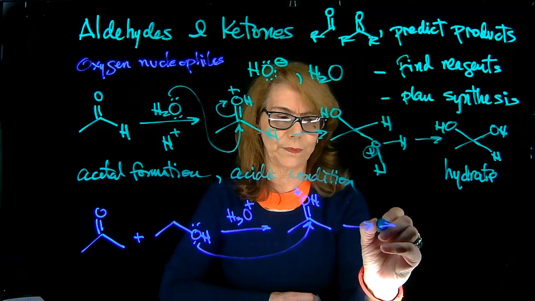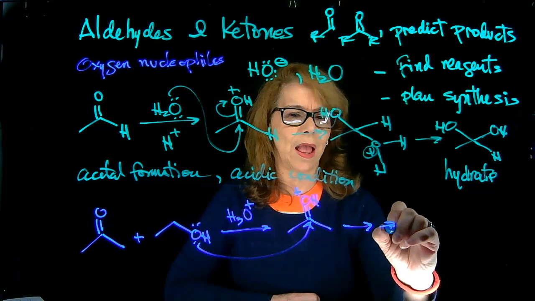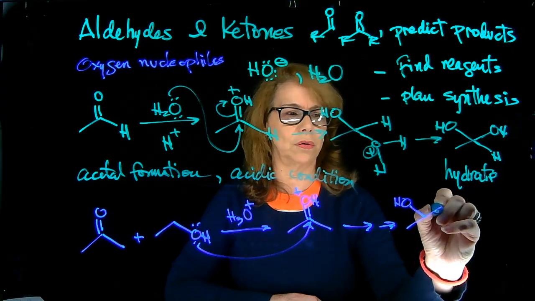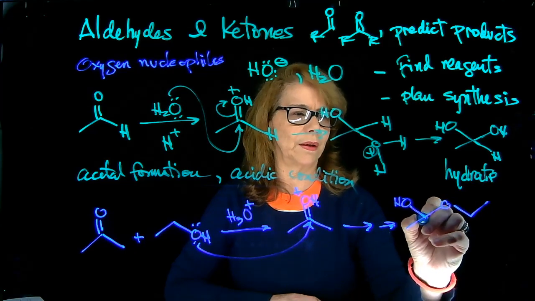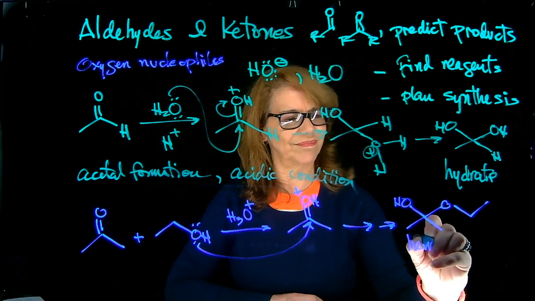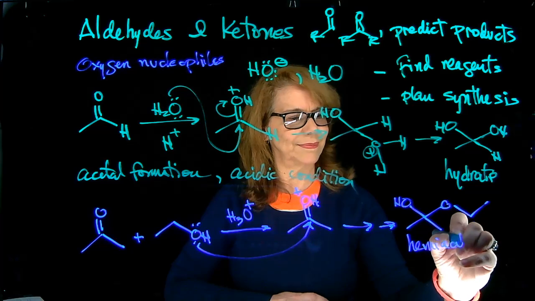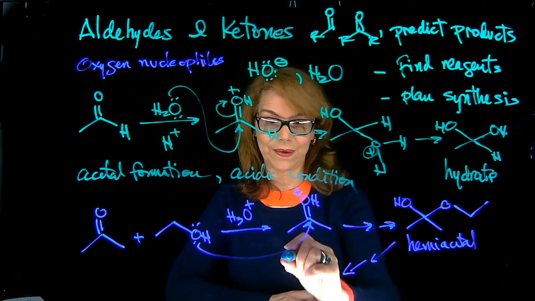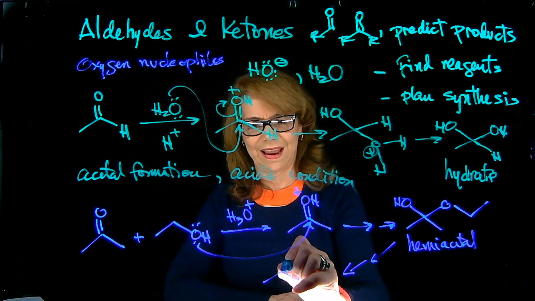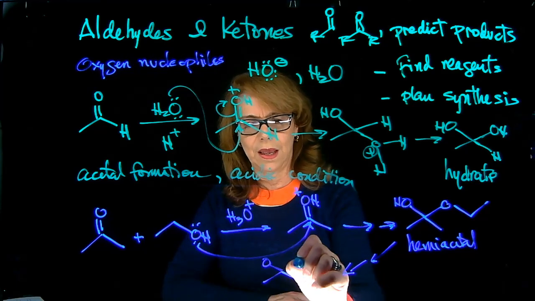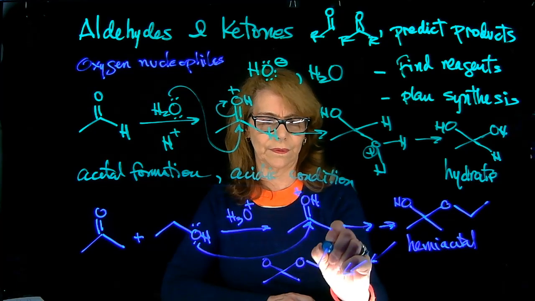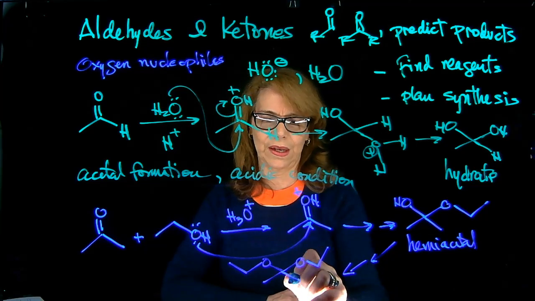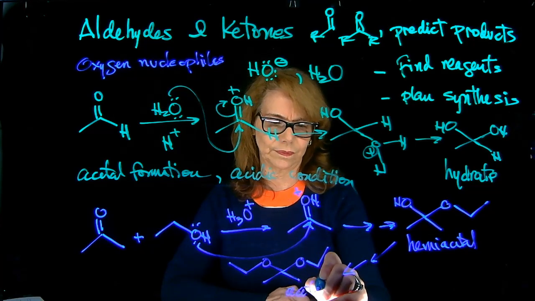A couple of steps because we need proton transfers, but what you form first is an intermediate called hemiacetal. This continues, and after several steps, we will form the final product, which is an acetal. And since the nucleophile has two carbons, right, it's ethanol, that is the acetal.